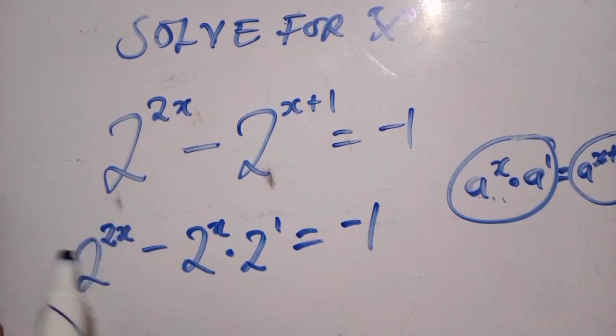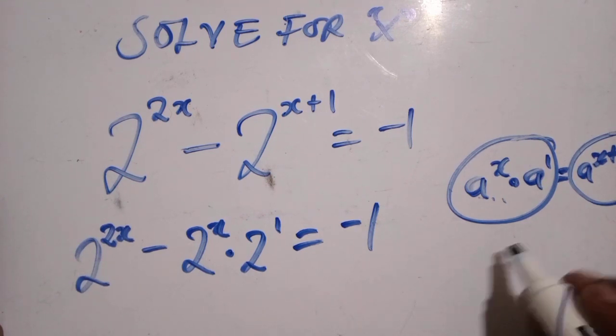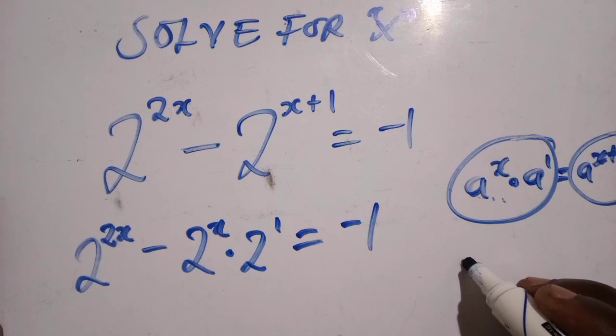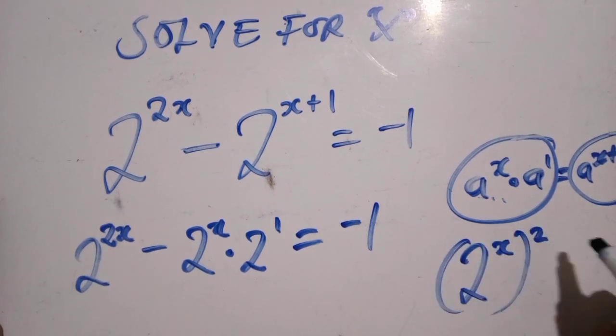And here there's a law of multiplying the powers. This is more like we have 2 power x in the bracket, then squared. This one is same as 2 power 2x.